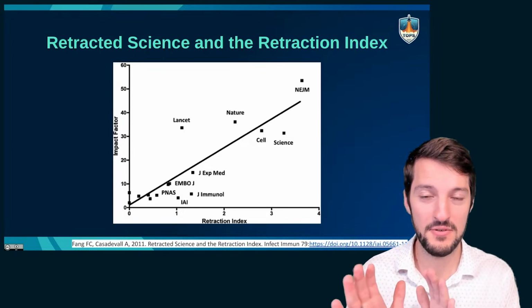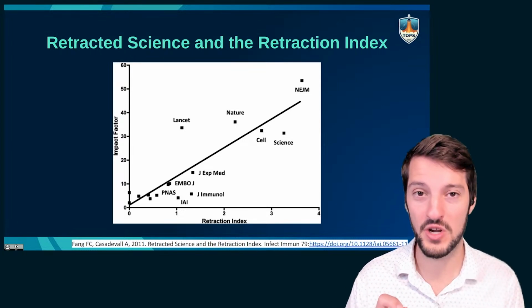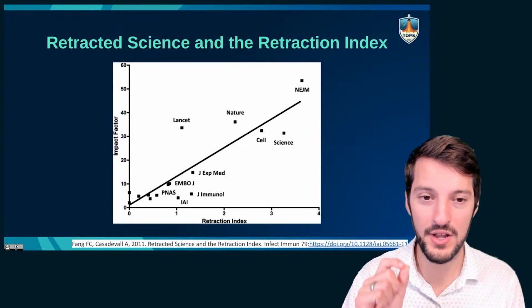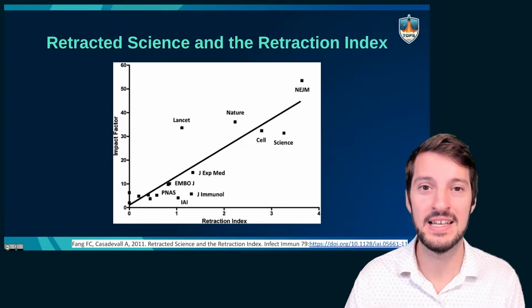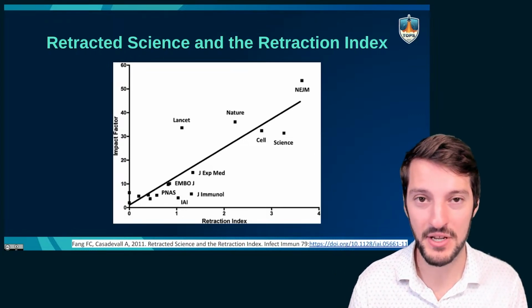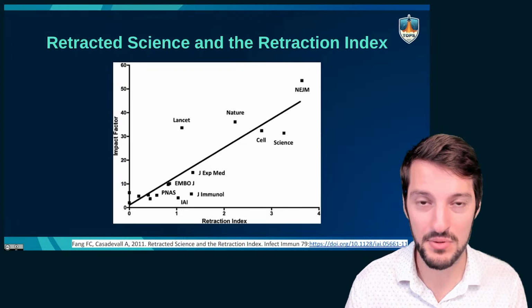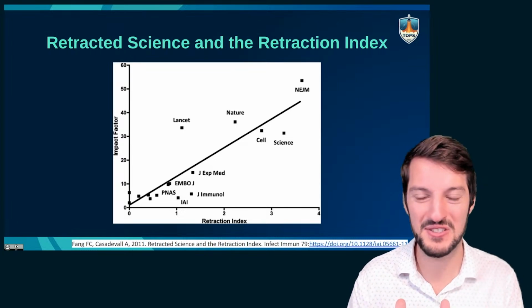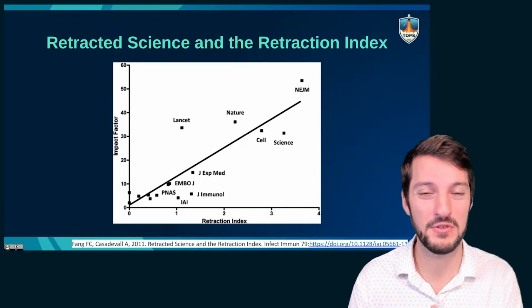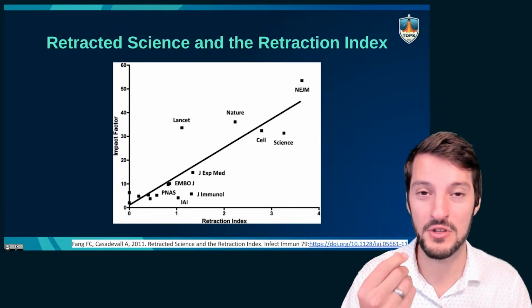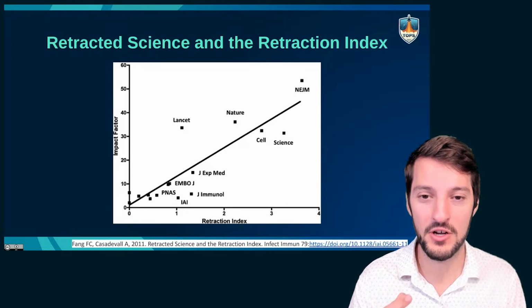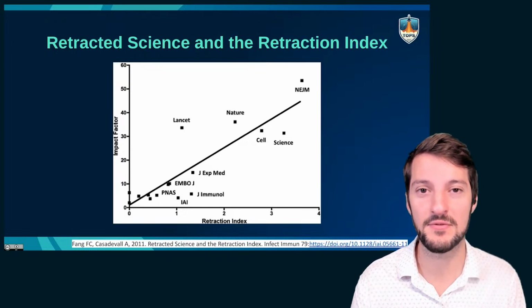Now, there are going to be many different reasons for retractions, but one of the most powerful reasons that you'll see is that the authors did something unethical, that maybe they made something up, maybe they used a methodology that not many other researchers in the field agreed on because they were chasing that really novel, that really cool thing, all in the hopes of being able to publish in these high impact factor journals.